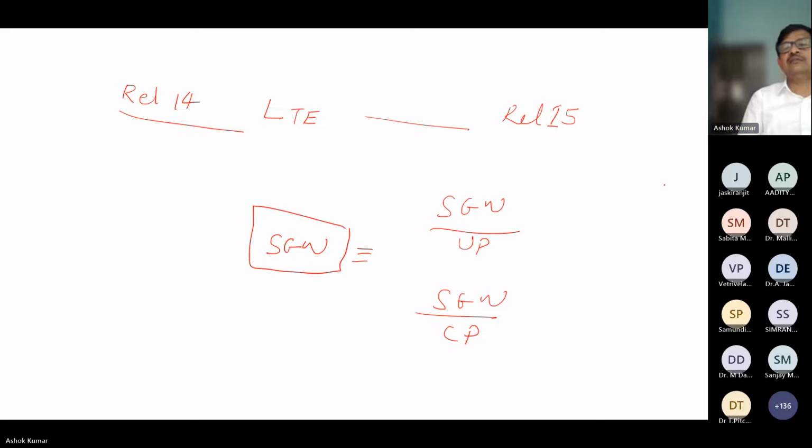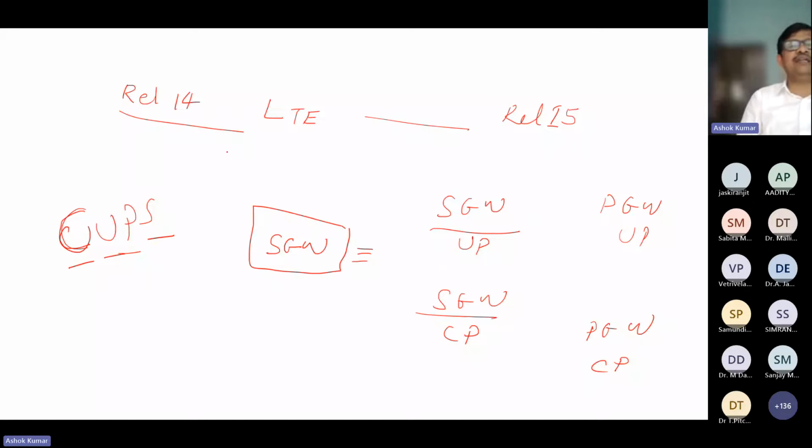Similarly, the PDN gateway they divided into two. One will handle user plane, another will handle control plane, right? And this was called CUPS. C is control, U is user, and S is separation. Control and user plane separation architecture of LTE came in release 14, just before 5G, so that the 5G and 4G architecture look similar. Okay, so this came in release 14.